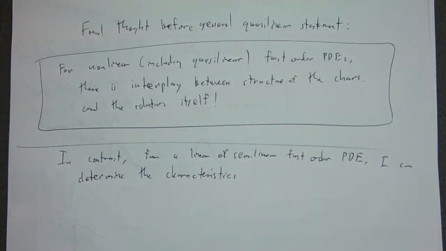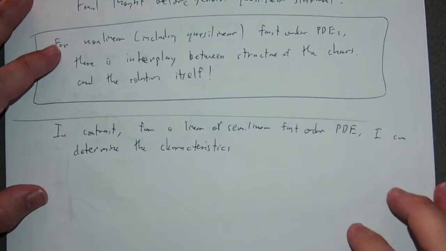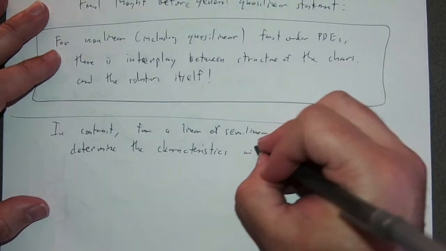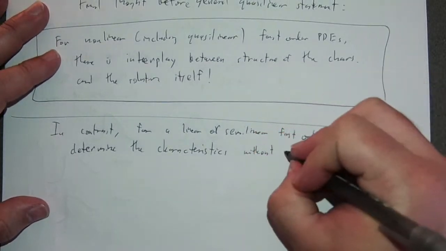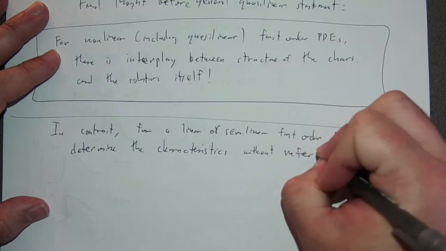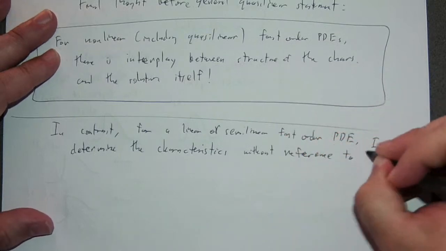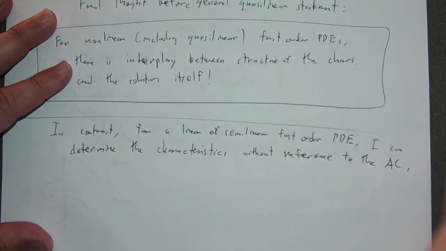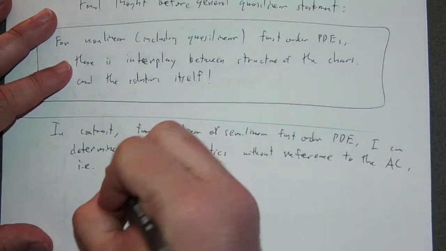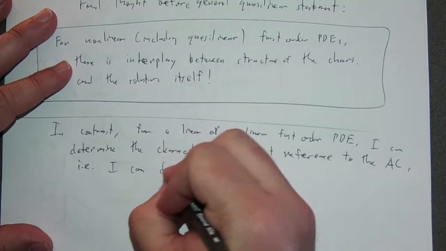I can determine the shape that they take without reference to the auxiliary condition, i.e., I can do it from the PDE alone.